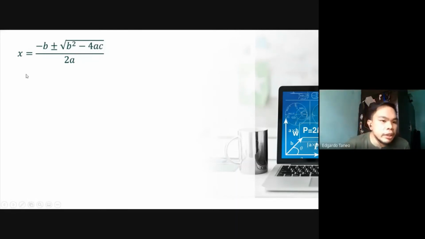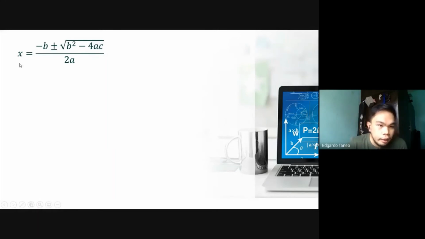Now, the quadratic formula is x equals negative b plus or minus square root of b squared minus 4ac all over 2a.